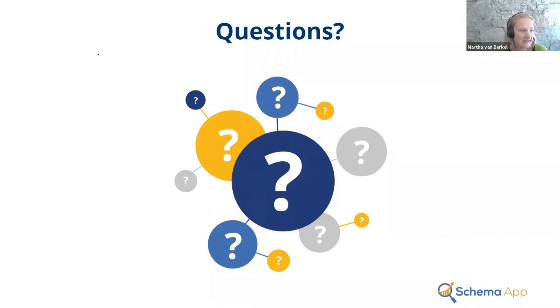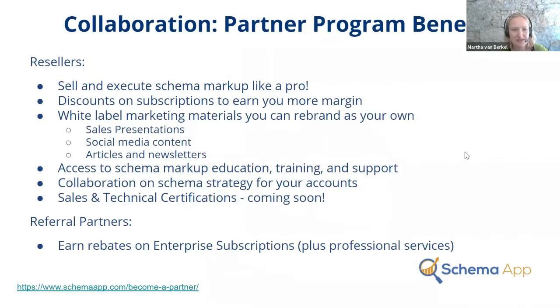All right. Next one we have is: you mentioned partners and agencies. How does Schema App work with agencies? All right, let me touch on this one since we were asked this one prior. So we actually have a partner program as well as packages defined specifically for agencies. And actually, when we first built Schema App, Mark and I back in 2015, we were acting as an agency.